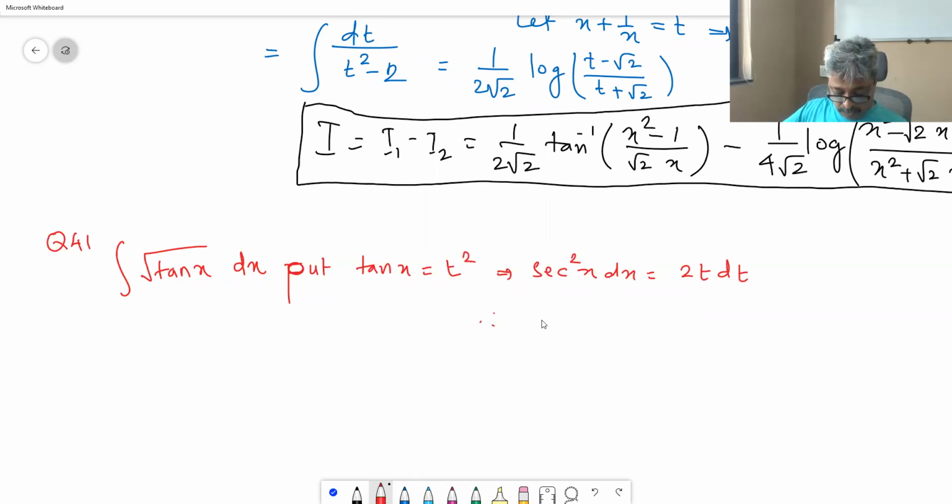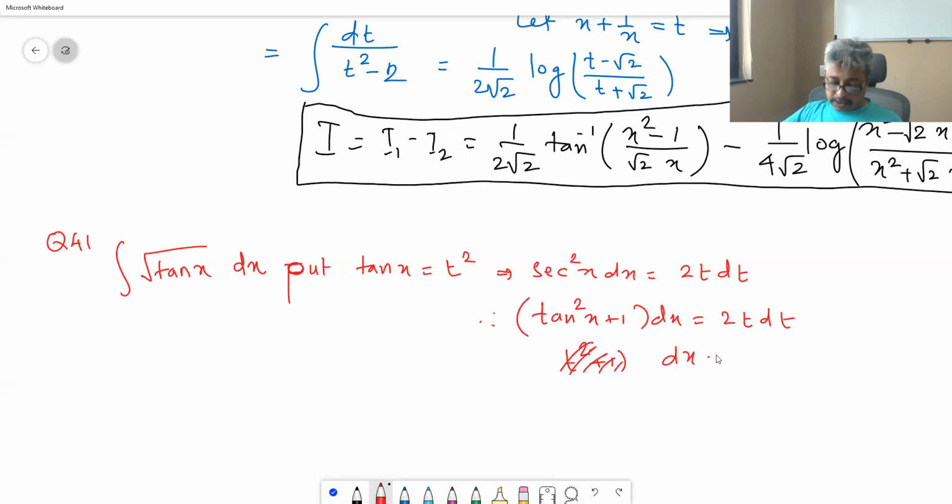Therefore tan square x plus 1 dx is equal to 2t dt. Tan square again we substitute tan square, then it will be t square plus 1 dx. So dx is equal to 2t upon t square plus 1 dt.